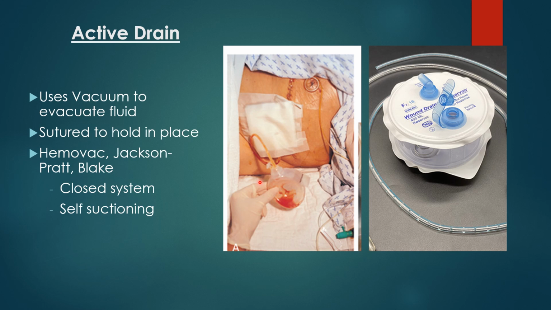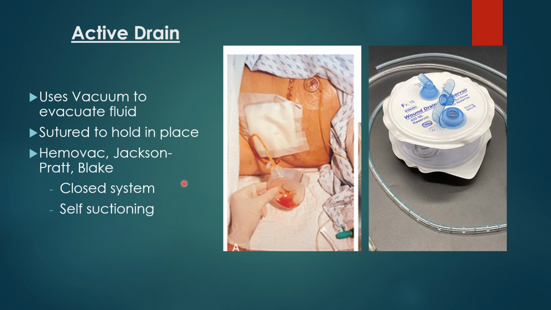An active drain uses a vacuum to evacuate the fluid from the internal canal. They're typically sutured in place, so they do not fall out. There are 3 different kinds of active drains that are commonly seen: a hemovac, which is this kind of container. We have a Jackson Pratt or a Blake drain. They both look very similar externally, they just look a little bit different internally.